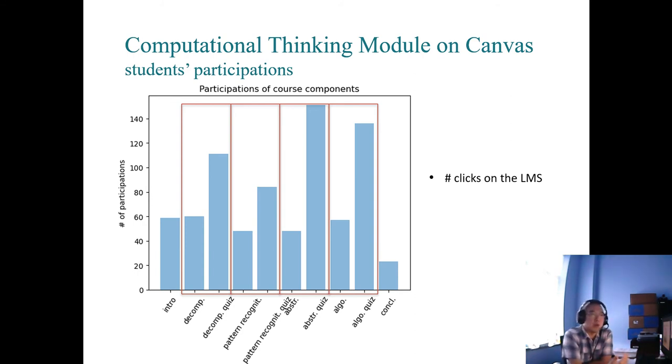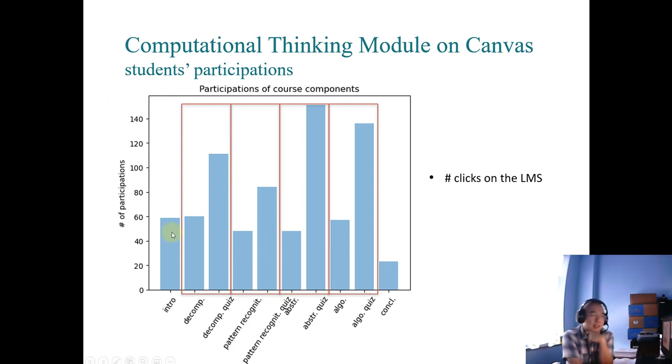The first thing we are interested in is the students' participation. Since we are collecting the data from the Canvas system, participation in Canvas means the number of clicks. We created this bar chart. The x-axis shows a total of 10 components in our course module, including 6 pages and 4 quizzes, and the y-axis is the total number of participations.